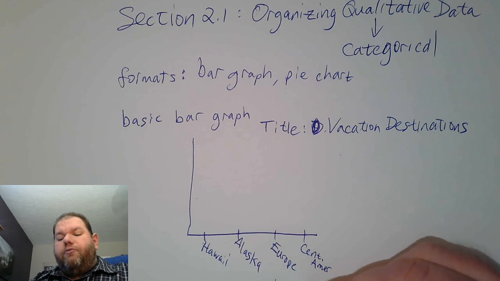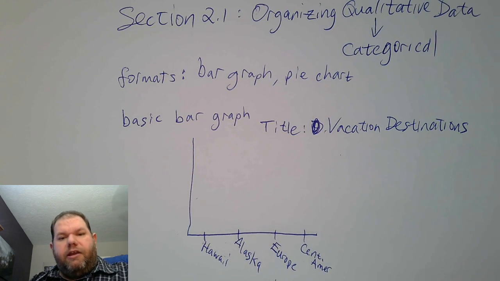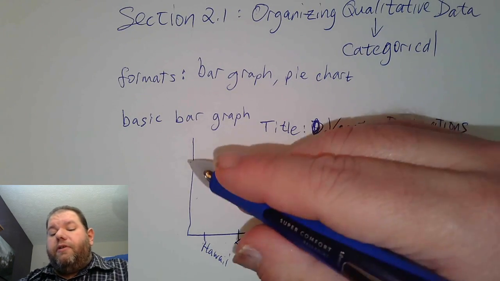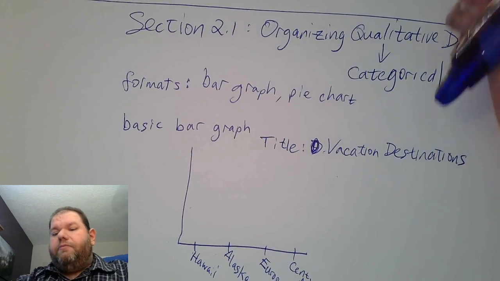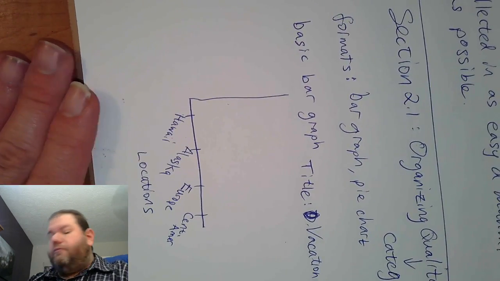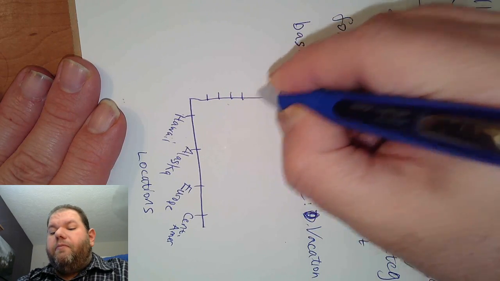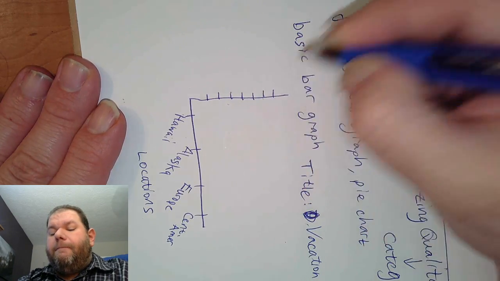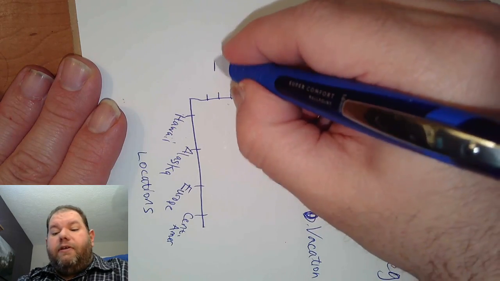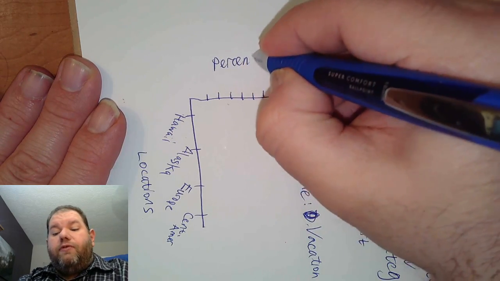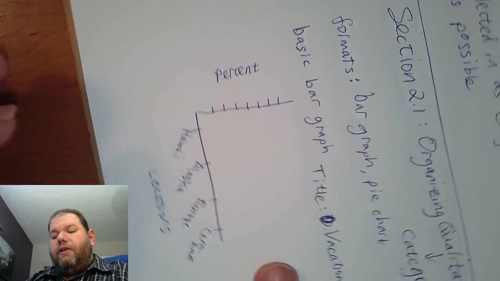It doesn't have to be real wordy, we just want it relatively simple, but to concisely convey what these represent relative to the study, the research that we've done. Now on this vertical side, we'll make some markings. And maybe this is the percent of people that chose these different locales.